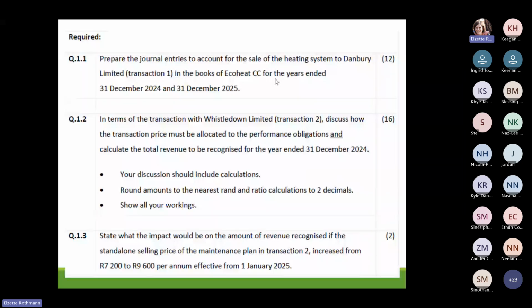Okay, so at 1.2, they also ask us, in terms of this transaction with Whistledown Limited, discuss how the transaction price must be allocated to the performance obligation and then calculate. Okay, so let's look at the discussion. So we already did the calculation, not the discussion yet.